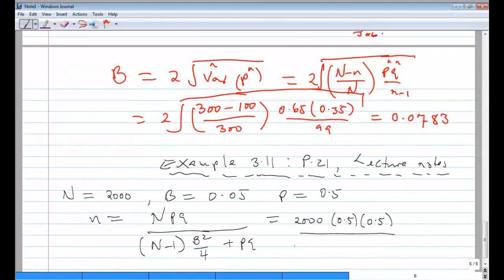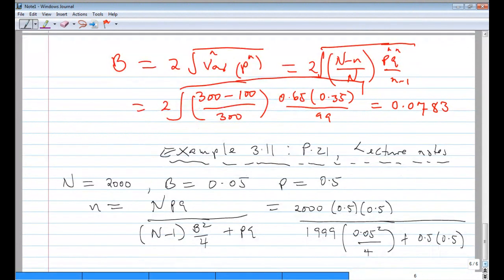Divided by what? 1,999, isn't it? 1,999 multiplied by the bound 0.05 squared, divided by 4. Okay, then plus 0.5, 0.5. That's it.